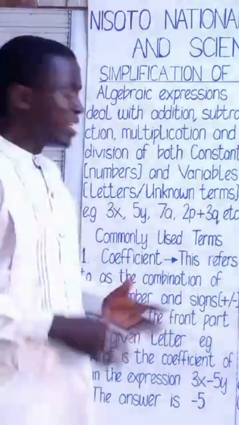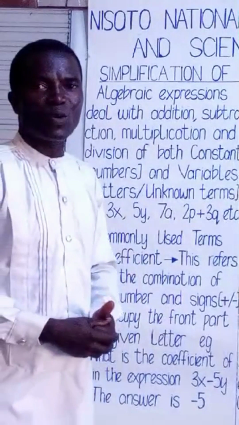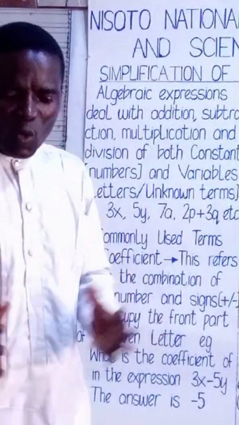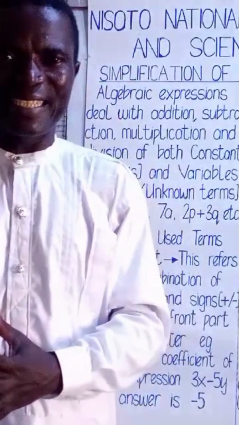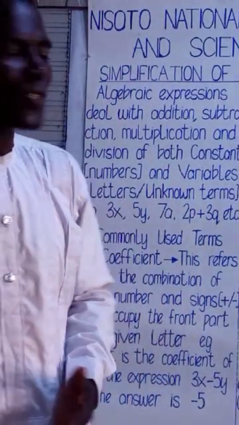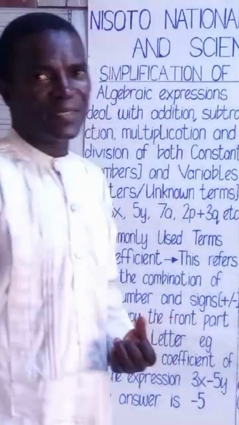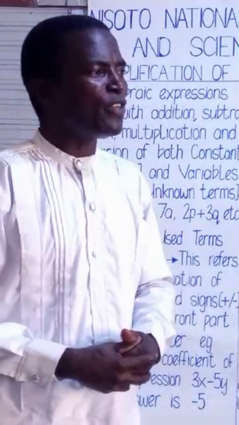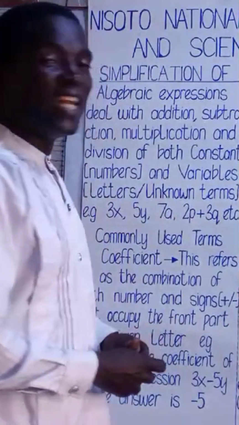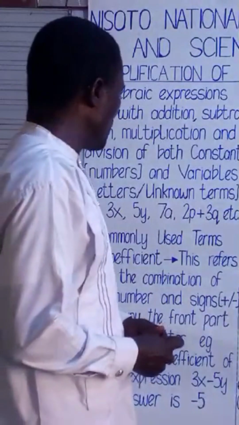One of those terms is coefficient. When we say coefficient, we mean the number and sign that occupy the front part of a given letter. The number and sign, the two together, that occupy the front part of a given letter. That is the coefficient.